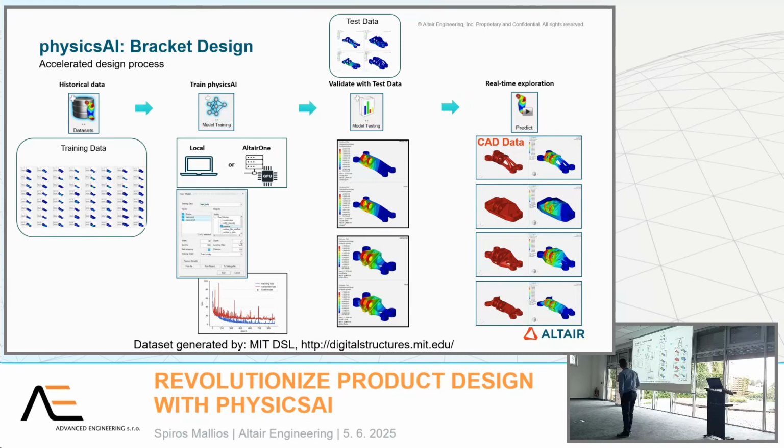Now, once you have this data, you can use it to train a solver, and you can do this either locally or in the cloud. We would suggest most customers start locally first and see how things are progressing, how fast the simulation is, how fast the training is.